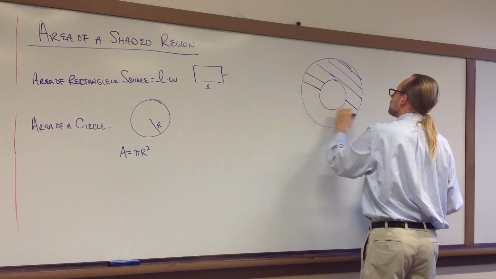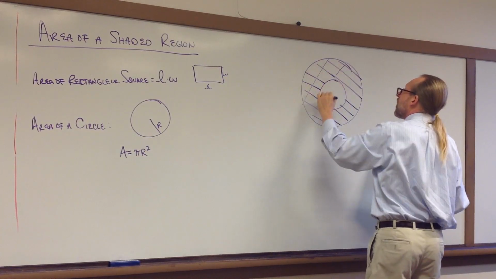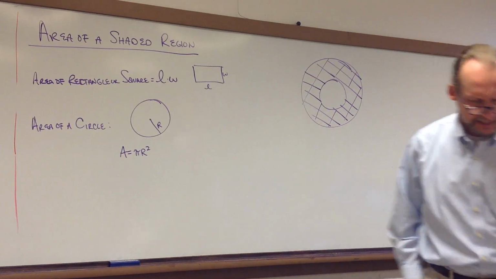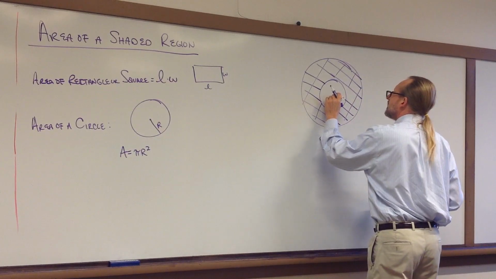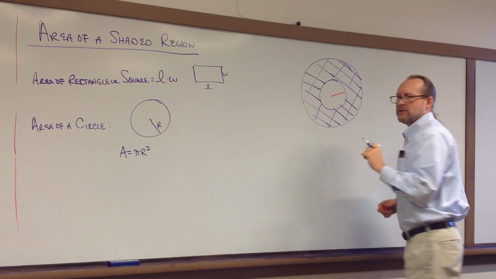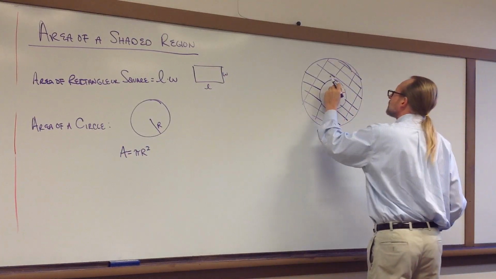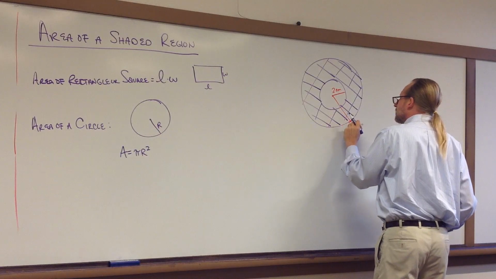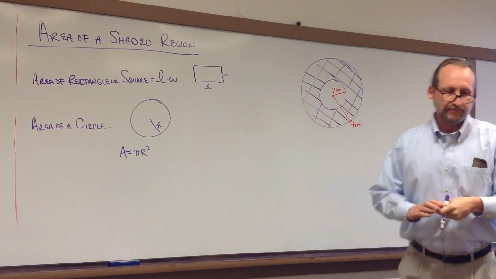So let's see what we can do to draw this. There's the shaded region that we're interested in, and the radius of the inner circle is labeled as 2 centimeters, and the radius of the outer circle is labeled as 4 centimeters.